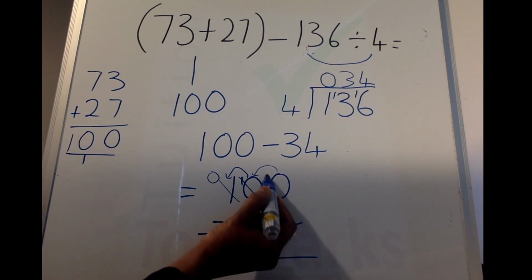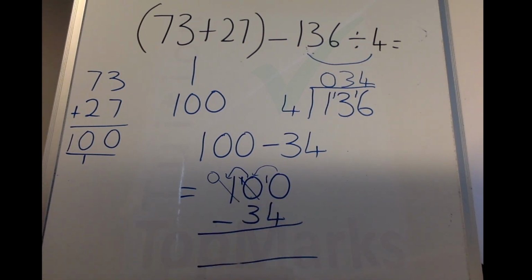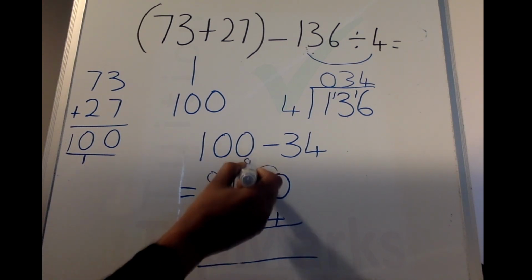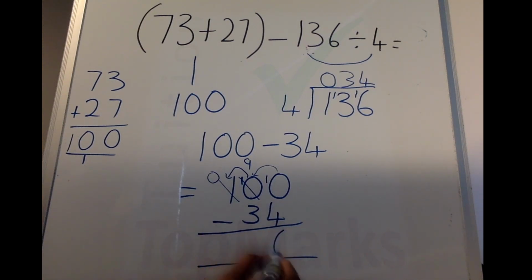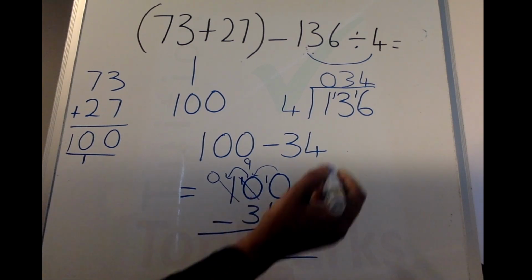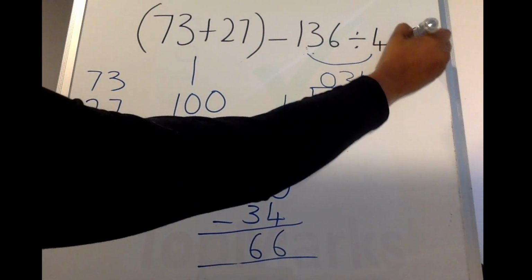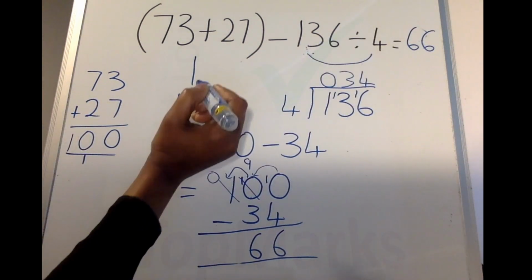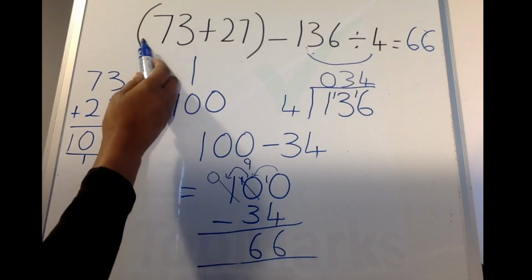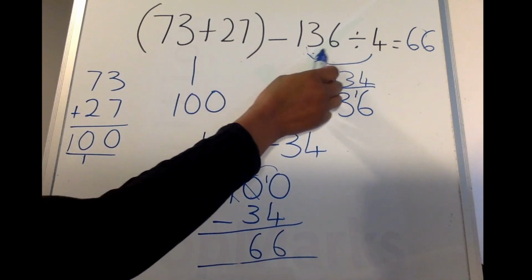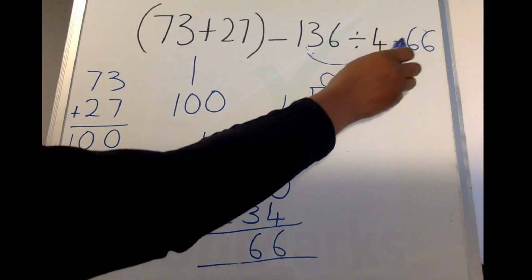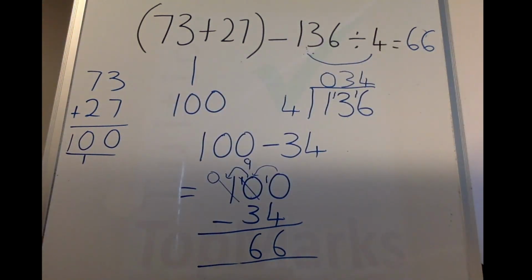This 10 is going to give 1 away to its neighbour, so that neighbour now has 10, and this 10 now becomes 9. 10 take away 4 is 6. 9 take away 3 is also 6. And so my final answer is 66. So 73 plus 27 in brackets minus 136 divided by 4 is equal to 66.